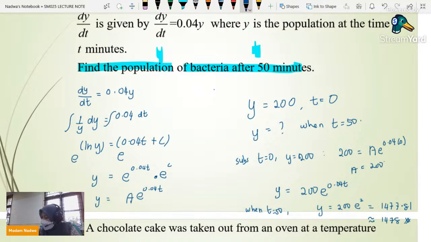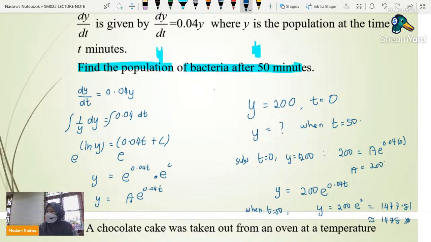Okay, let me check whether 200 e to the power of 2 is correct. Sorry, e squared.